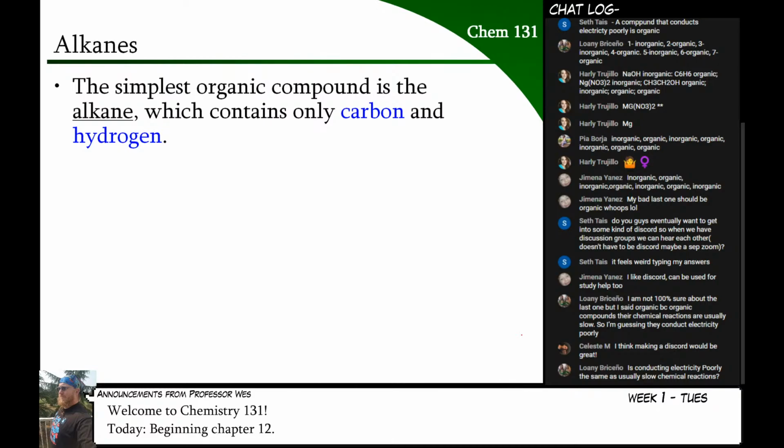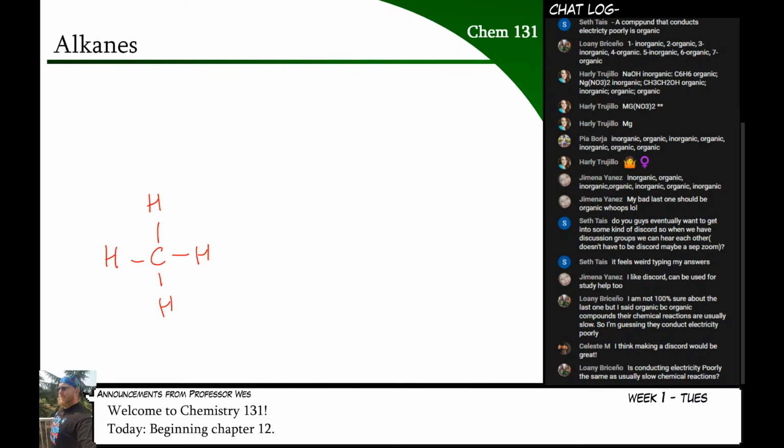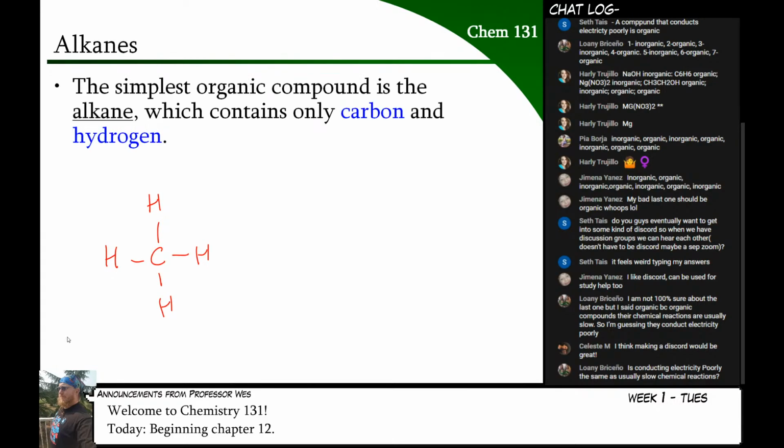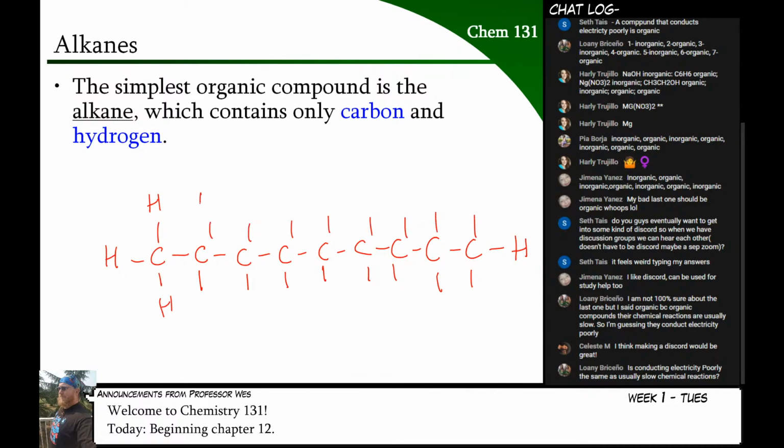So how are we going to draw these compounds? We're going to draw them with Lewis structures. So the whole point of yesterday was to get us into the habit of doing stuff like this, except we're going to make these really, really long. And you can see just how obnoxious this is going to get as we go.